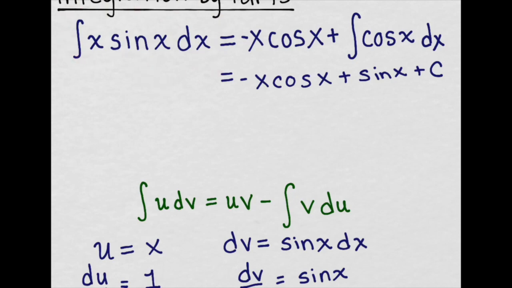So technically I could have added the plus c at this initial step in anticipation of the integration constant, but as long as the plus c is in your final answer, you are good. And I think this is the final answer. I don't think it can be simplified anymore.